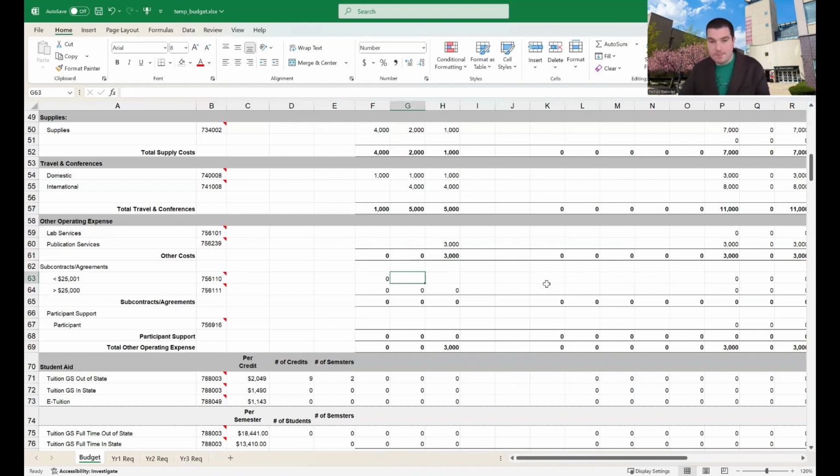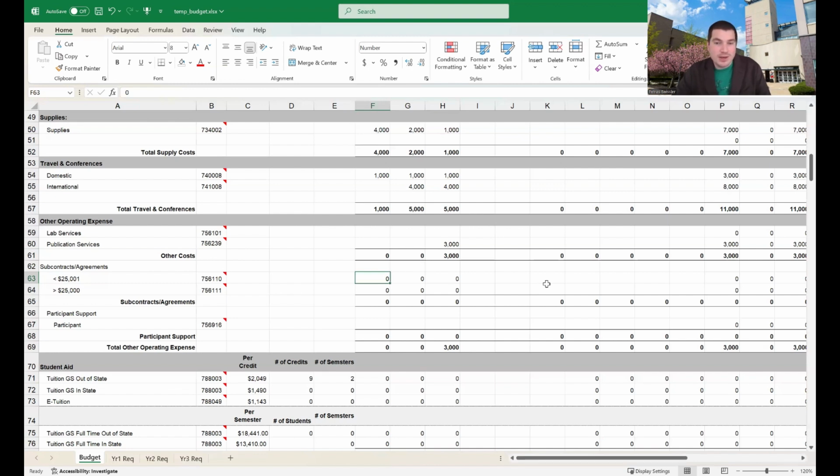Subcontracts. So subcontract is going to be really dependent on the project itself. And so this might be anything from, I know a professor at such and such institution who has expertise in a very specific field, and I want to allocate some money to her lab to do some work for me, right?